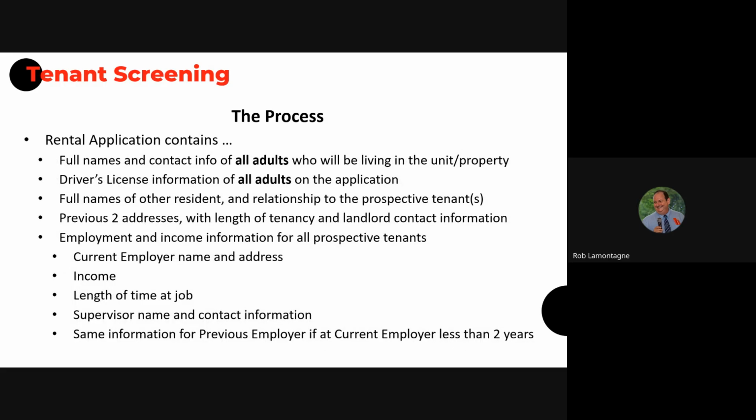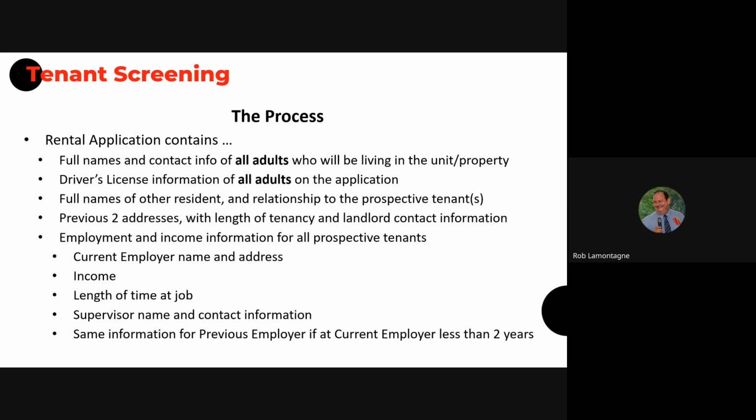The rental application is actually pretty standard across most jurisdictions. You are going to have tenants who complain about information that's on the rental application, but if you Google rental applications, you will find that this information is standard across most jurisdictions and is not out of the ordinary.